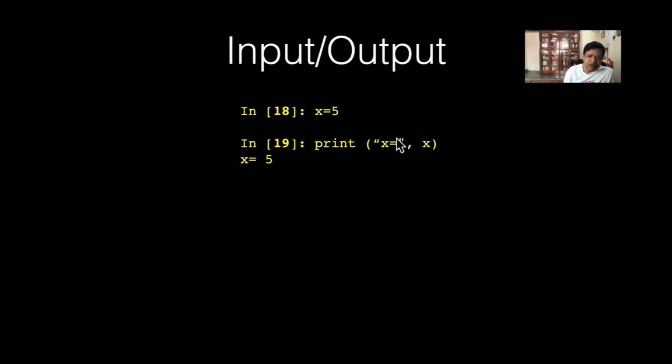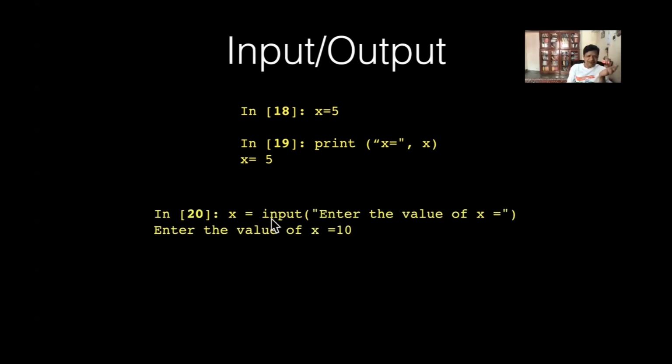The string will be reproduced as is, so x equal to, and then what is the value of x? That value is 5, so that's what I'll get. In your programming, you need to know what is the output of a certain function, or what x contains. So print is often used. Print is used for debugging, or for giving real output.